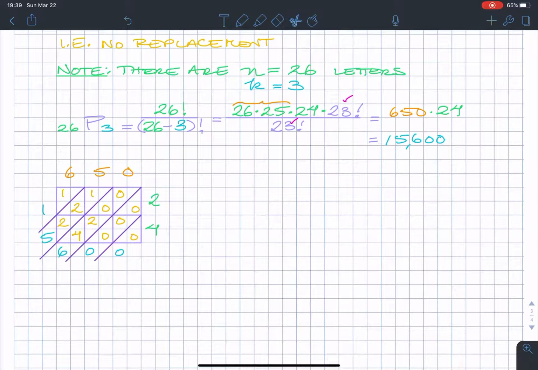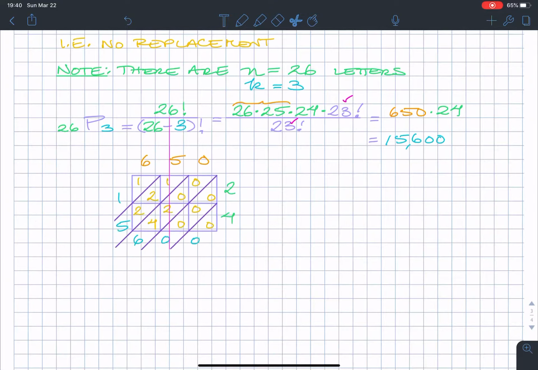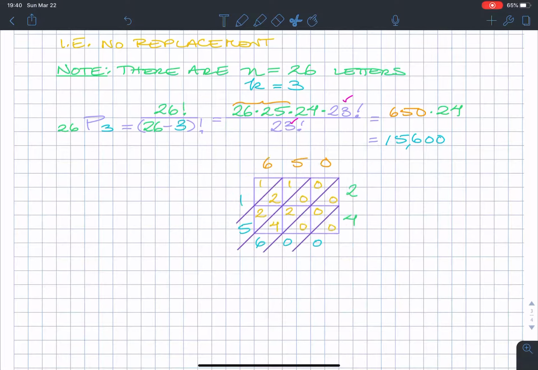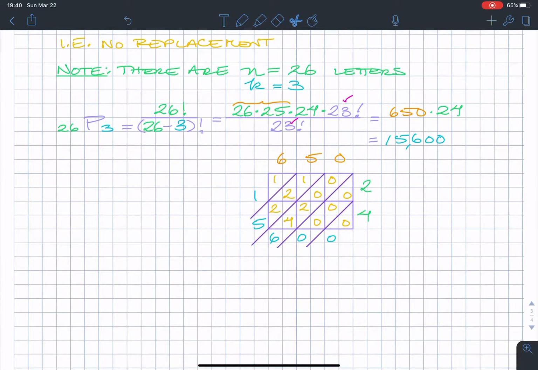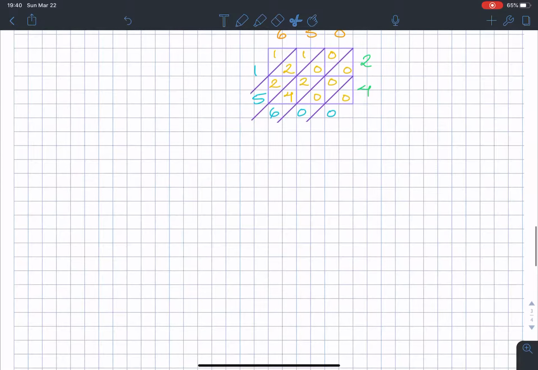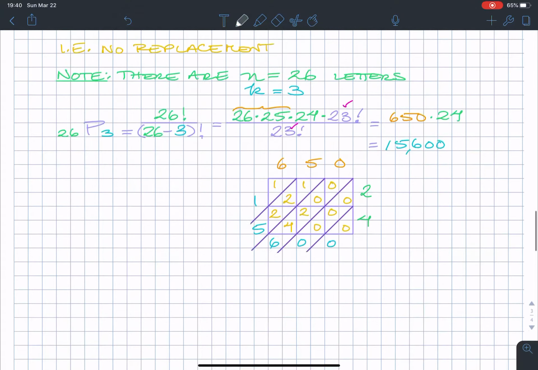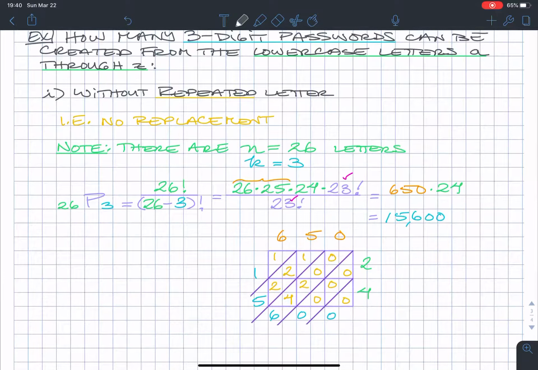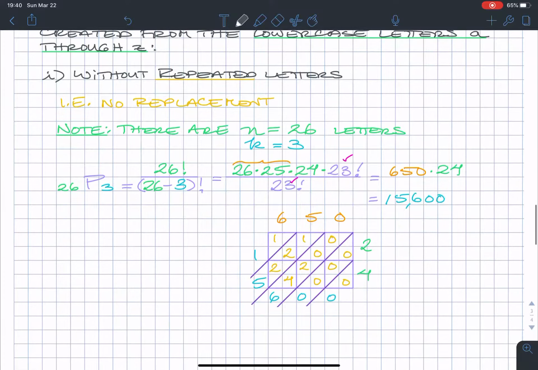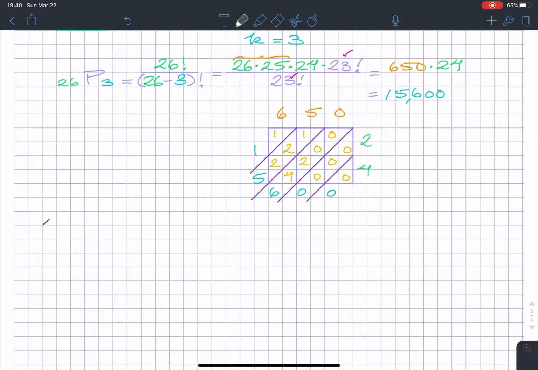Okay, let's do another example. Let me move this over here so we see where we got that. Actually, this same example, this was without repeated letters. Now let's do number 2, with repeated letters allowed.